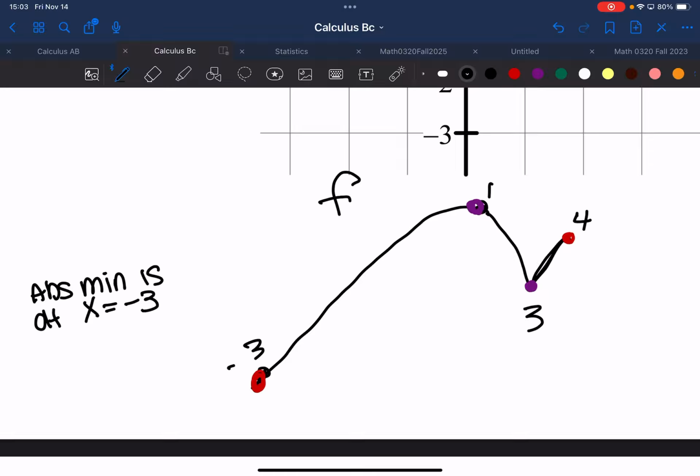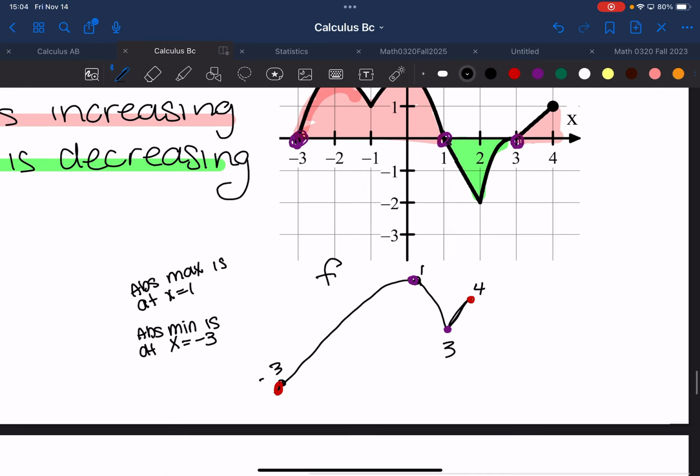It's the one that's closest to the bottom. What would you say is the absolute maximum? Good, at x equals 1 because it's the highest value. So the absolute maximum is at x equals 1.